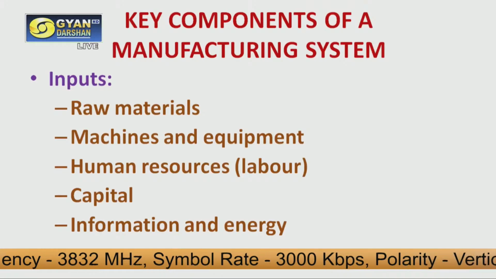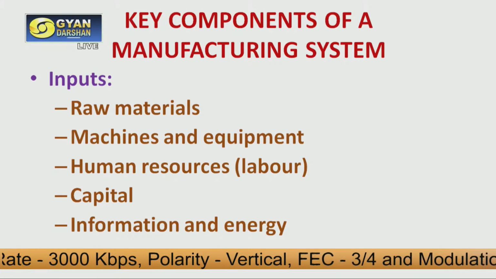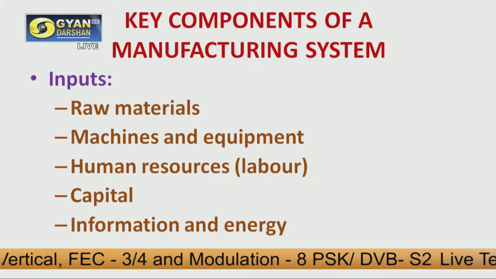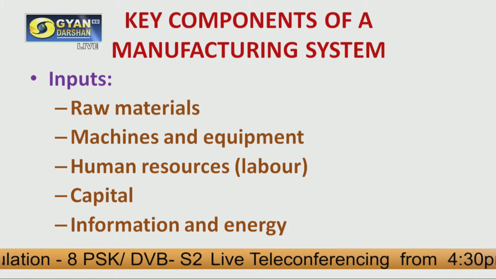So first we will understand what are the key components of a manufacturing system. There are various types of components. First we will understand the input, just like raw material.